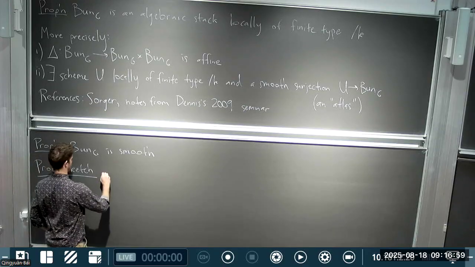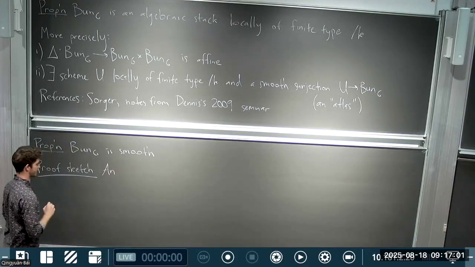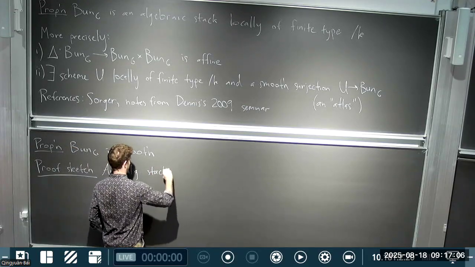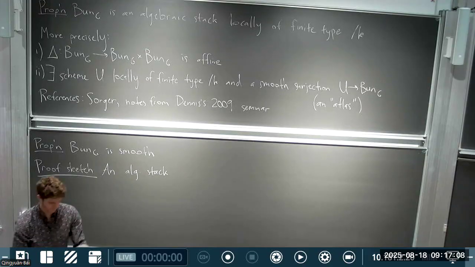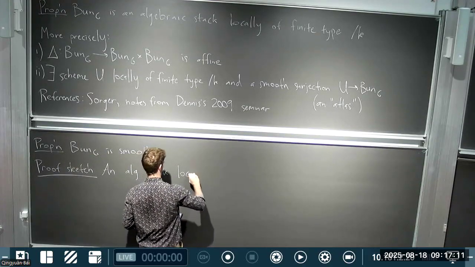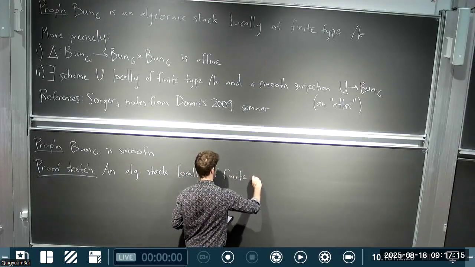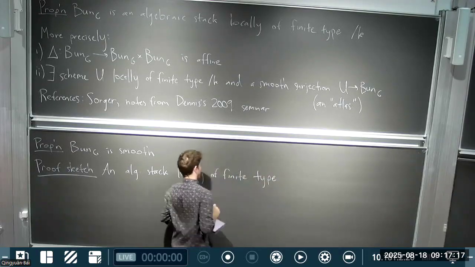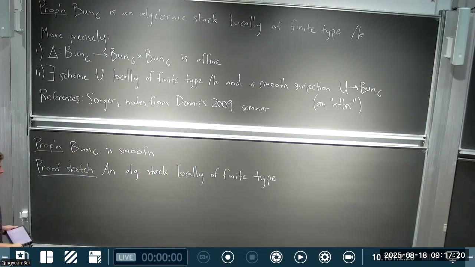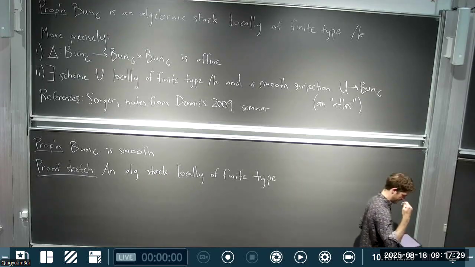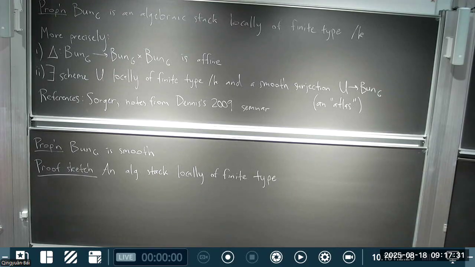So this will be a little bit animated. It's a sketch. So, an algebraic stack, locally of finite type. In classical algebraic geometry, if I have a scheme of finite type or an algebraic variety, it has a tangent sheaf, and we can detect smoothness as a property of this tangent sheaf.